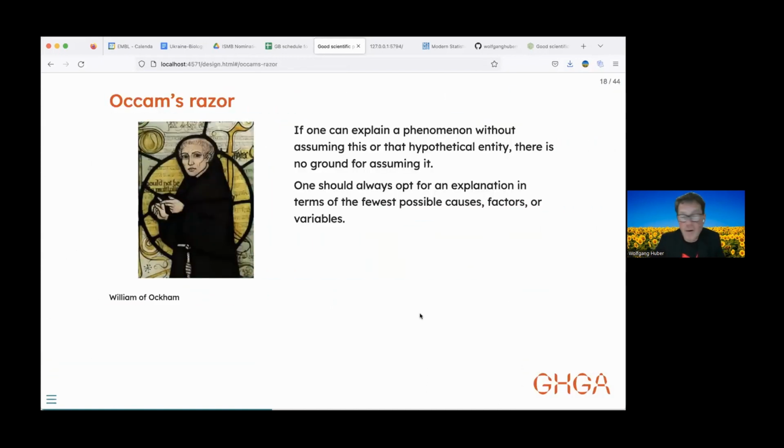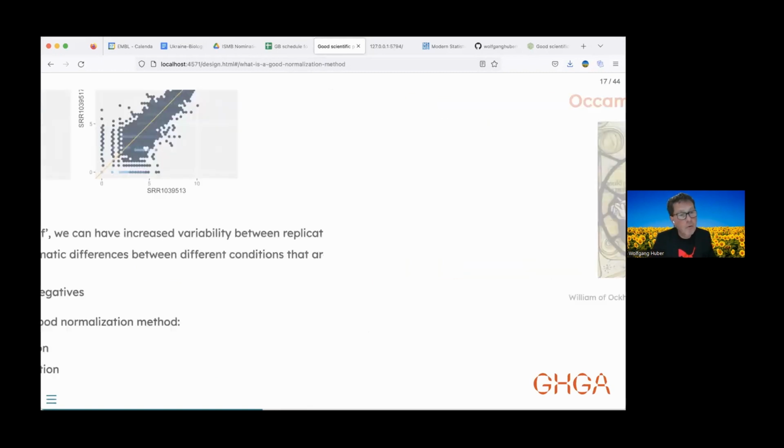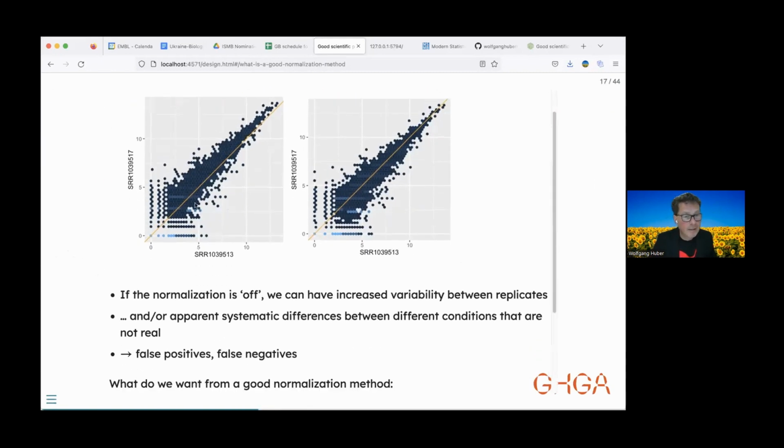An underlying thought here is also encoded in Occam's razor. If I can explain a phenomenon without assuming a hypothetical entity, there's no good reason for assuming it. For instance, if I said in this case that this data indicates that all of the genes in the second sample are upregulated, something really amazing is going on here.